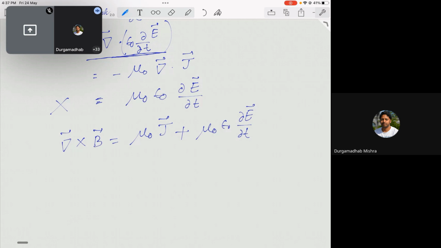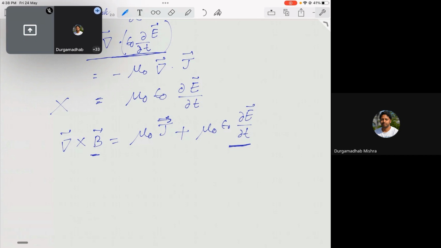This clearly indicates that J is the current density that is produced due to any wire. You put a wire which carries a current, and that will produce a magnetic field B. But I can also produce a magnetic field if I change the electric field. So a time varying electric field will also produce a magnetic field.